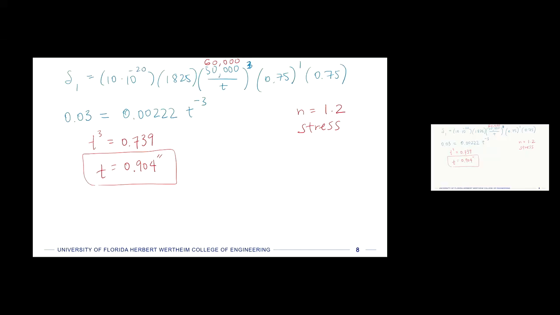So this assumes a variety of things. What it assumes is that we apply safety factor to stress. It assumes that delta 1 is our highest strain, and so that's the only one that matters. That's the only one we're comparing.